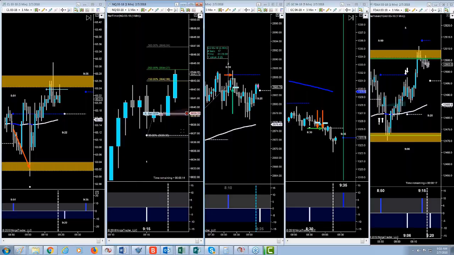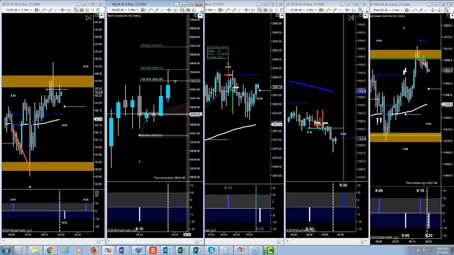Order filled. Out. Order canceled. Out, out, out. I don't like when it hits the stop or hits the target and doesn't fill it. I'll move my stop right underneath it when that happens.